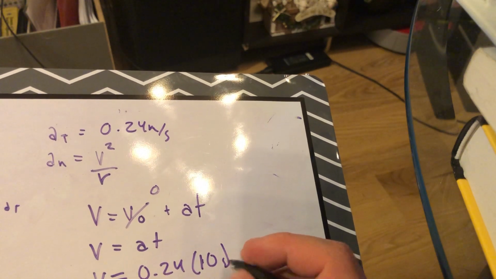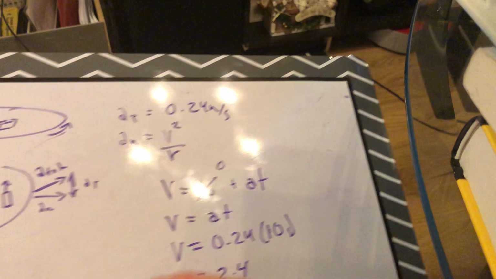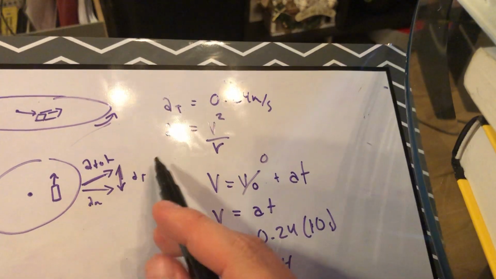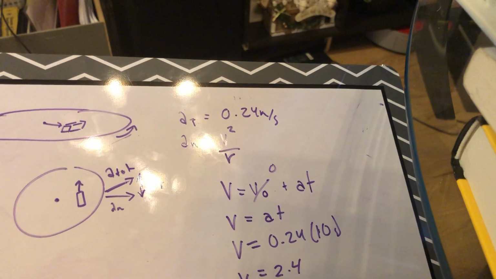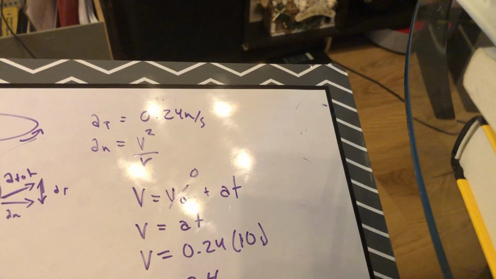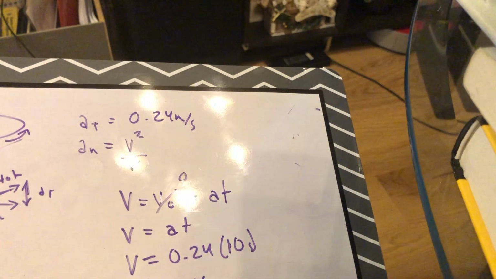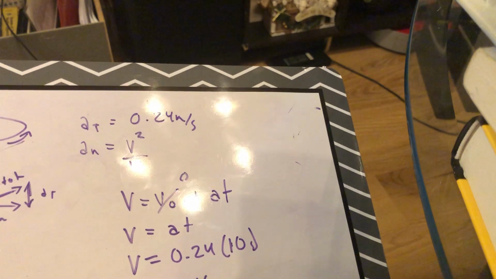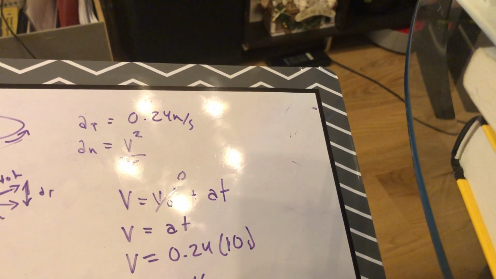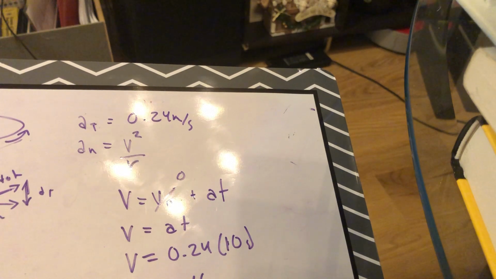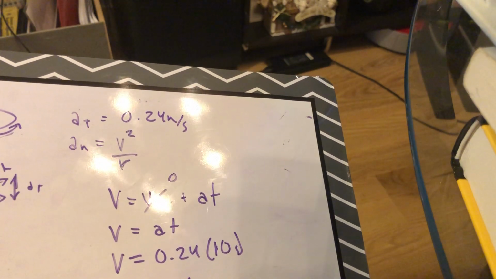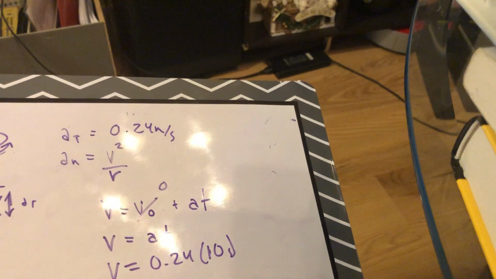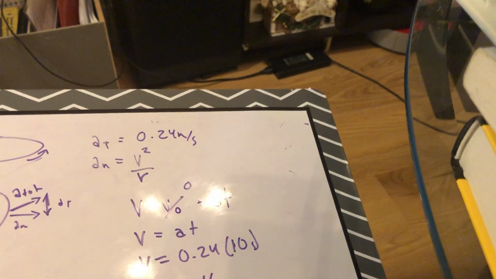I believe that is in the tangential direction, and the normal acceleration comes from that tangential velocity. I don't quite remember, but let's go with that. So we have a 2.4 tangential velocity, and the radius is given in the diagram as 2.5 meters.